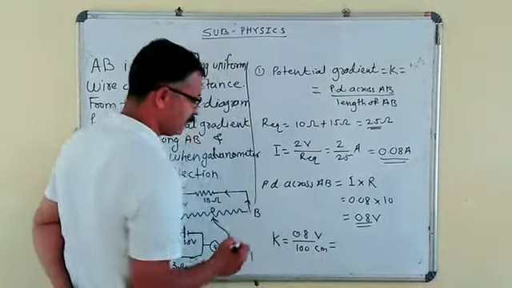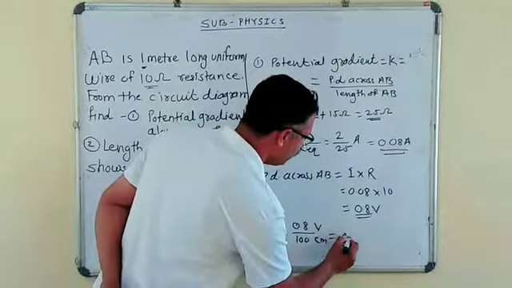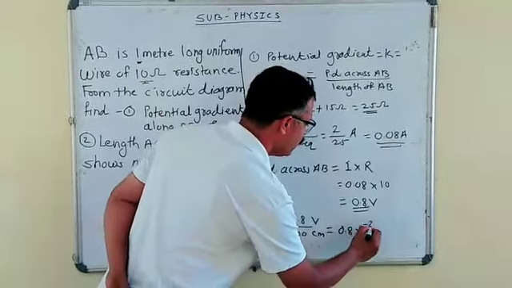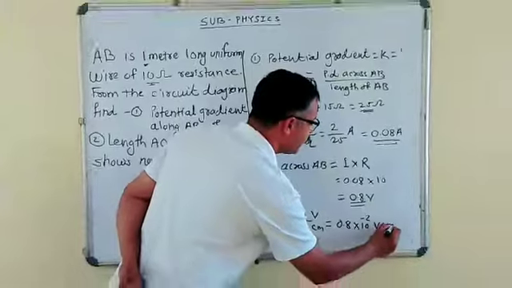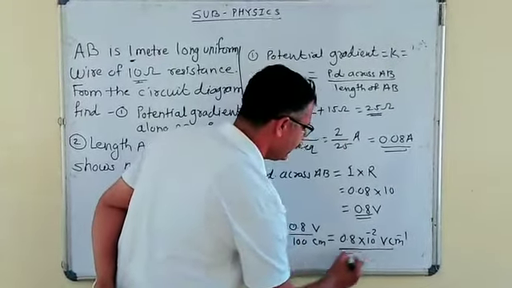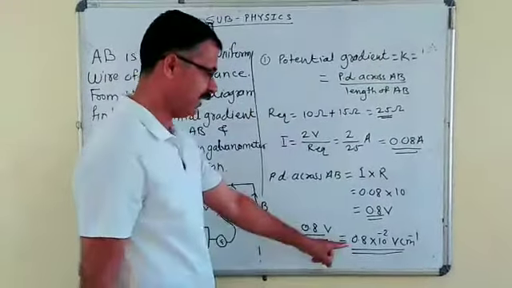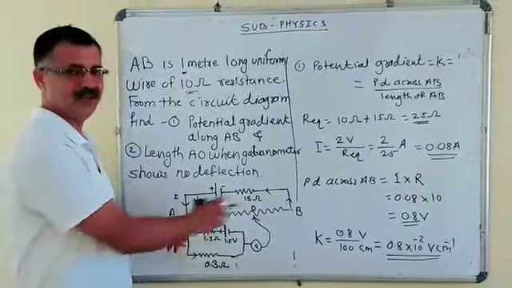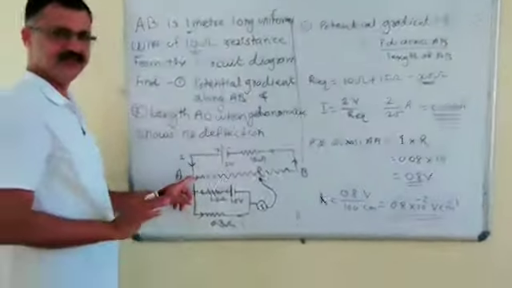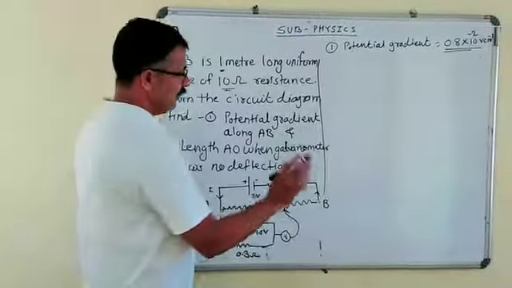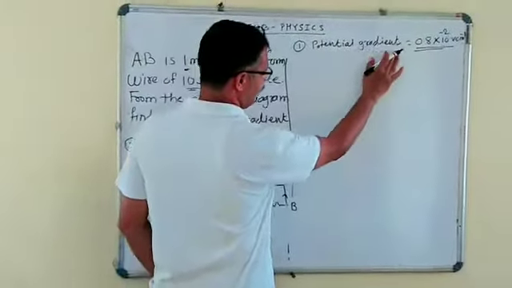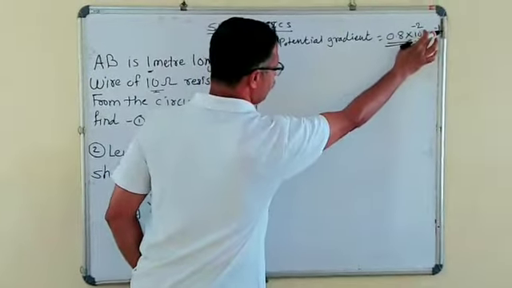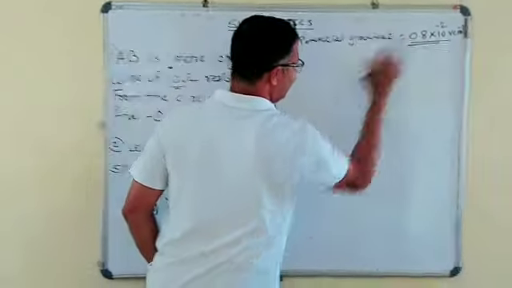Hence this is volt per centimeter, and we can write it as 0.8 into 10 raised to minus 2 per centimeter. This is the potential gradient along this wire. So the potential gradient is 0.8 into 10 raised to minus 2 per centimeter, or centimeter inverse.